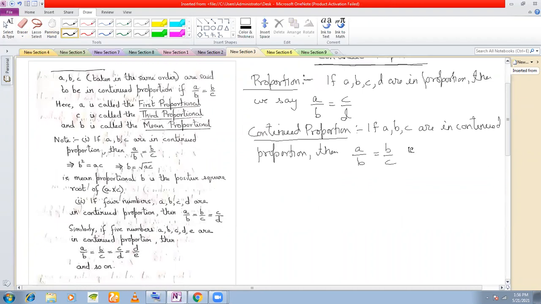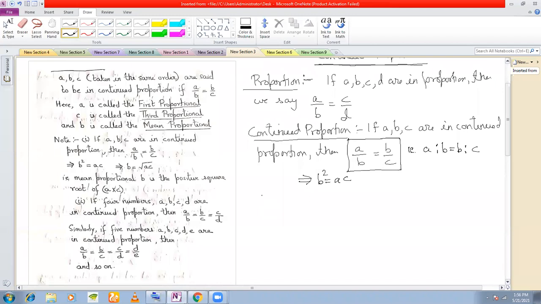We write in ratio notation A is to B is equal to B is to C. This can also be written as B square is equal to AC. Remember this, that if A, B, C are in proportion, this is what we'll be applying in our problems.